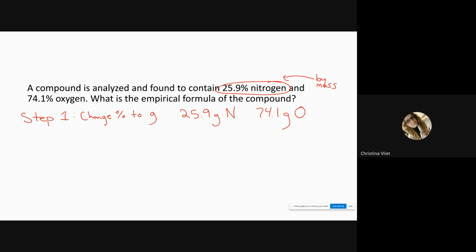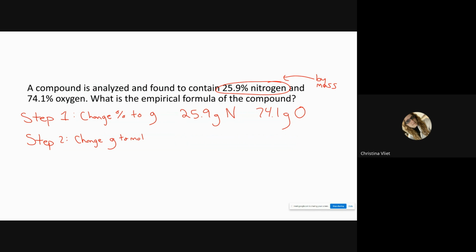What's step two? It's going to be the part that you all whine about the most. Step two is change grams to moles. Grams to moles, what was that? Wasn't that dimensional analysis?